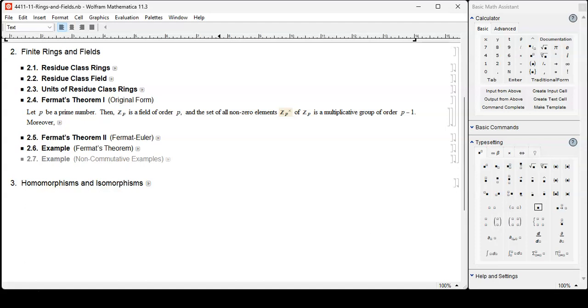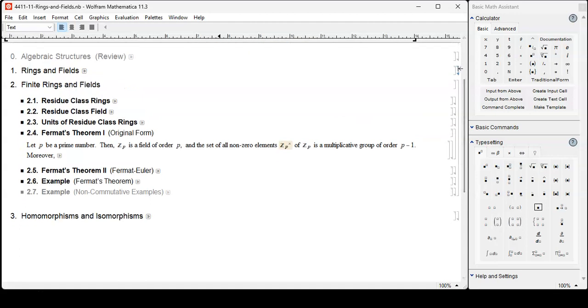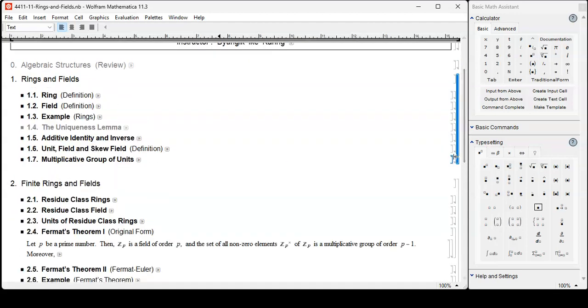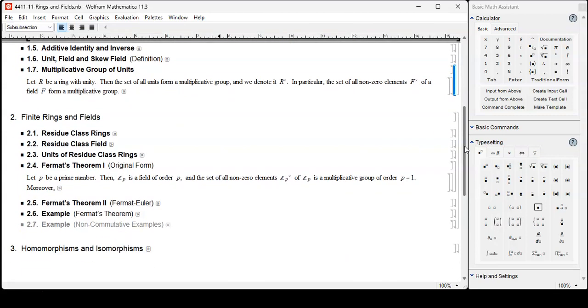Well, do you recall this? Have you done that before? I hope you did because I left it as a homework in section 1, this one right here. Remember this? Let R be a ring with unity. Then the set of all units form a multiplicative group. We denote it R star or R^x.